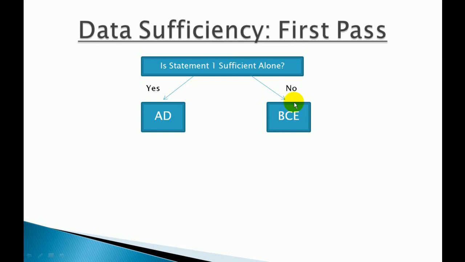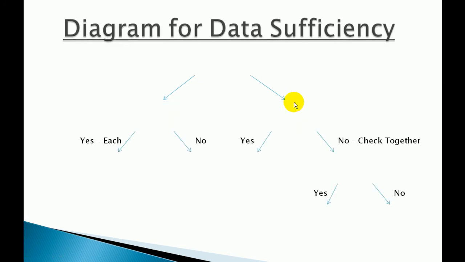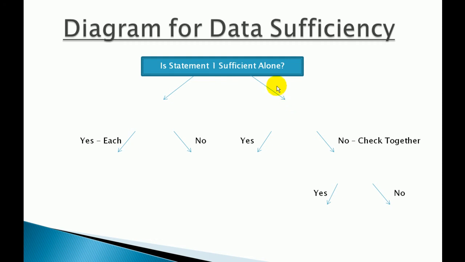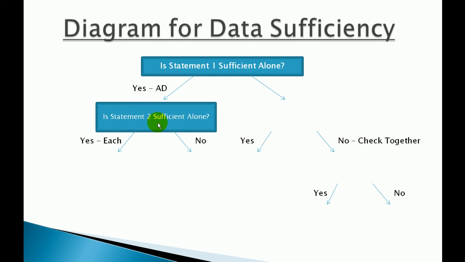Now, the full method is a little more complicated. As I said, you'll begin by asking, is statement 1 sufficient alone? In the case where the answer to that question is yes, you're down to answer choices A or D. You next have to ask, is statement 2 sufficient alone?